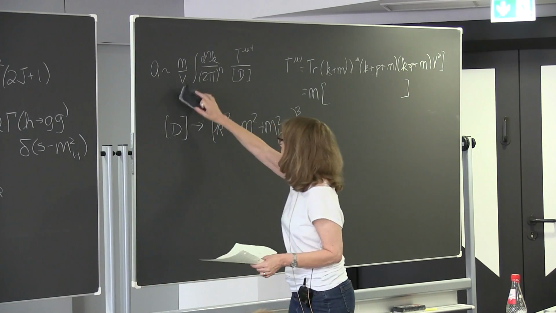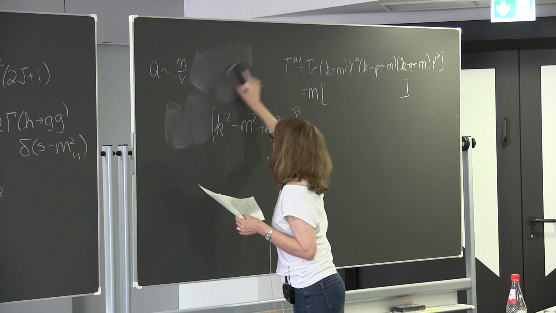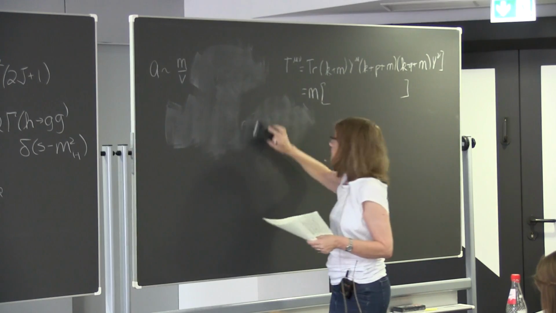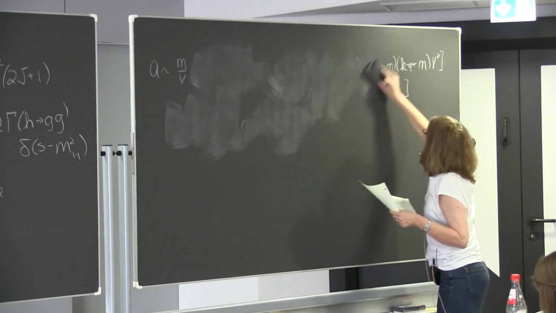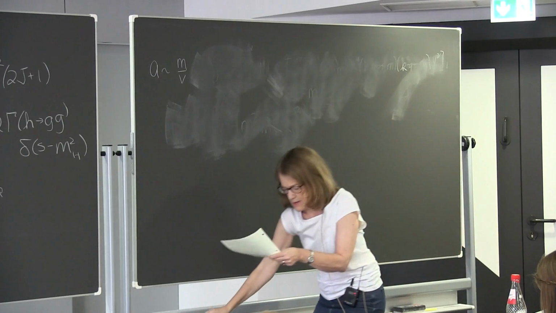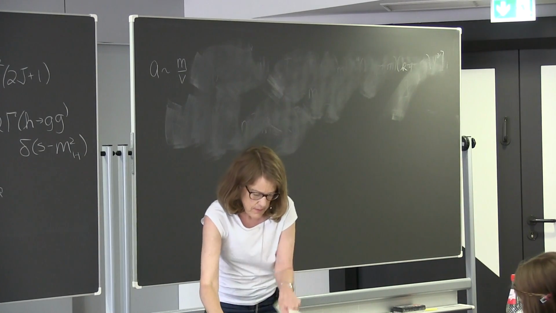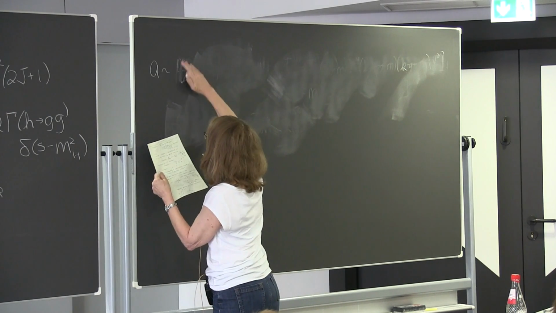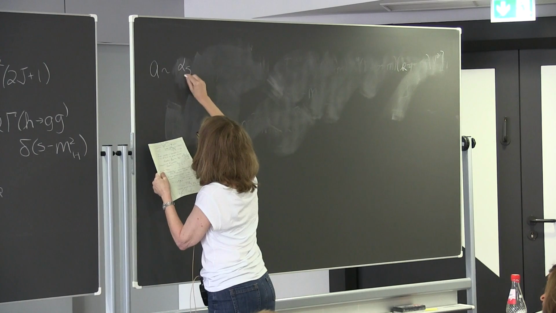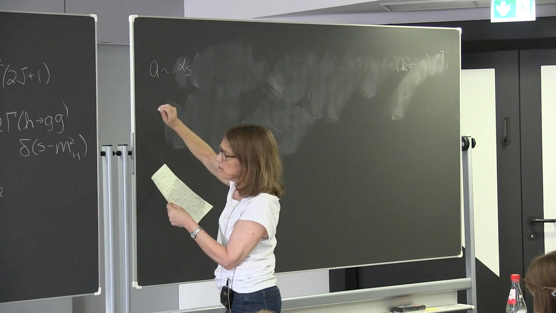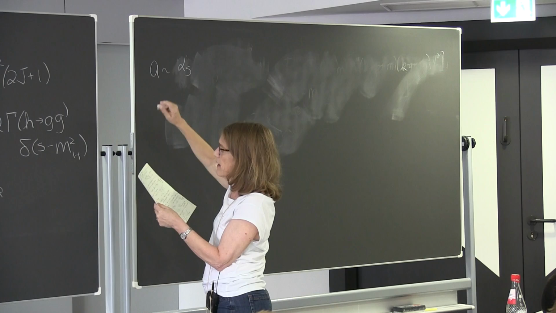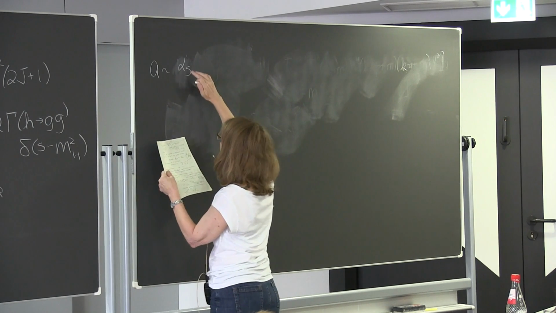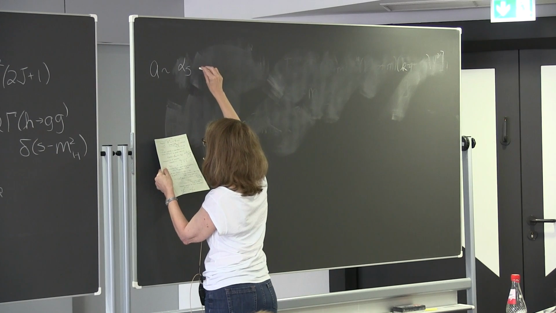So the amplitude is m over v. And we pull out an extra m for the trace. All right. So the amplitude, alpha s, there's a mistake in those notes. It's only 1 power alpha s. Unless these notes are wrong.